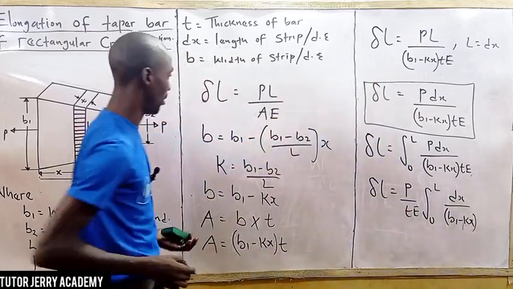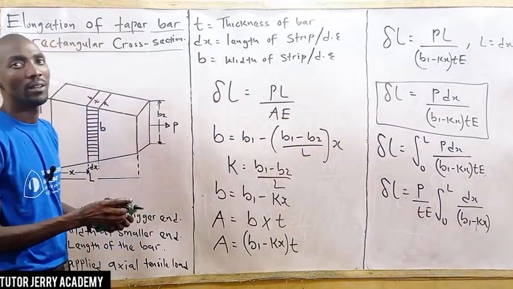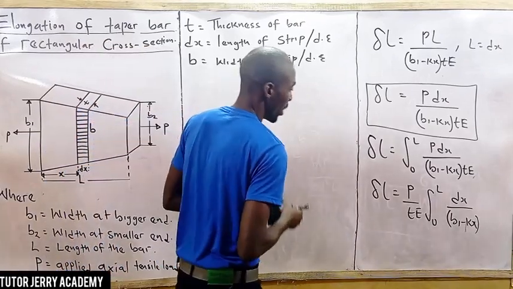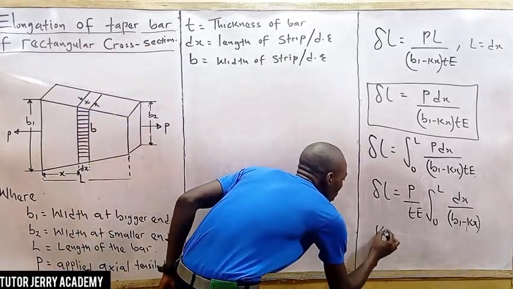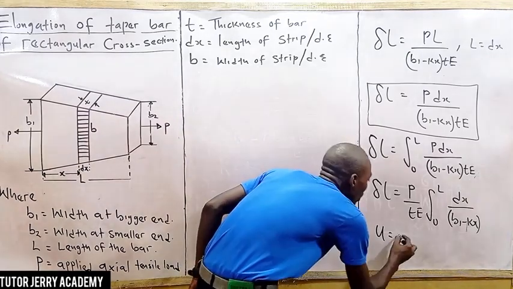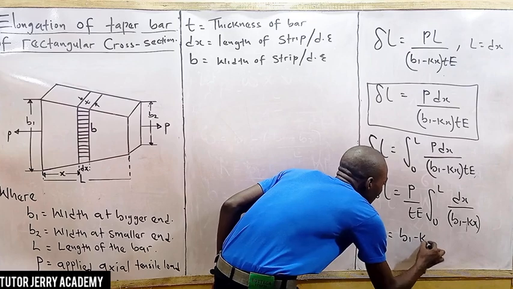We are going to clean it. For us to integrate this, we are going to use substitution. Let U be equal to B1 minus KS.